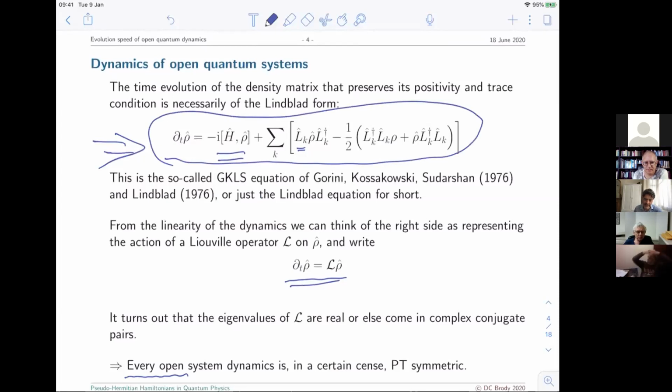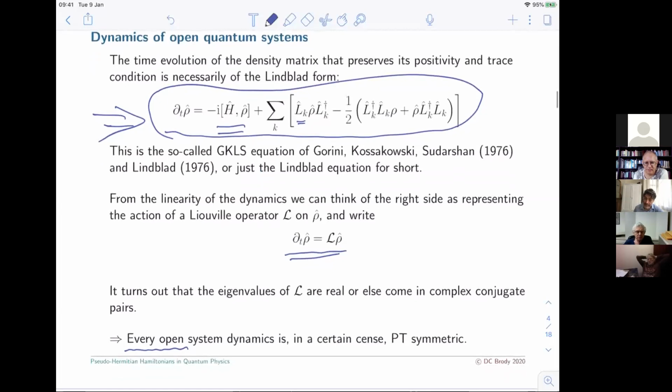I know that the group in Stuttgart, Holger Cartarius and Günter Wunner, they have been looking at this Lindblad type dynamics in the context of Bose-Einstein condensate. So your system is part of the potential there, and then you have the environment, and then you have a bunch of particles here, and you can adjust the potential in such a way that you can have this on average PT symmetric system.